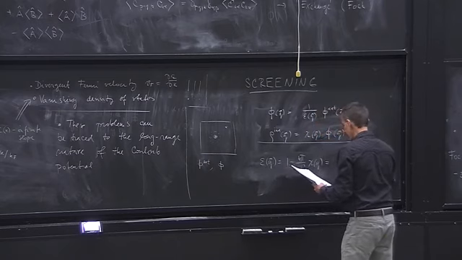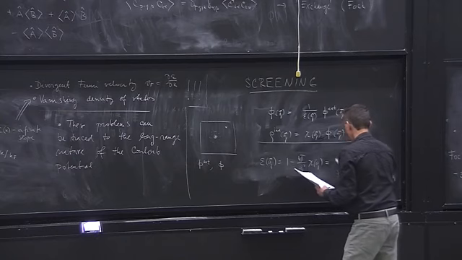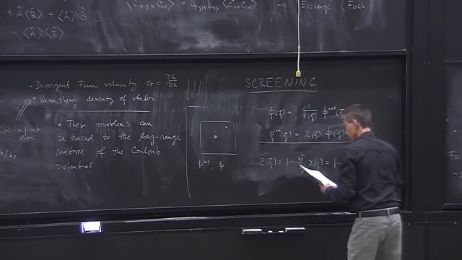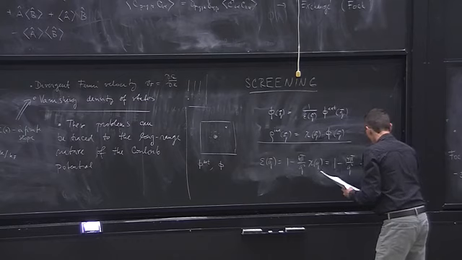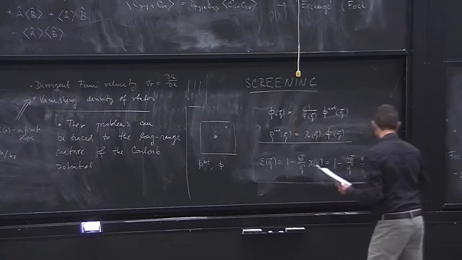And this, in turn, from this equation is 1 minus 4 pi over q squared times rho induced of q divided by phi total of q. And let me put a box around it.